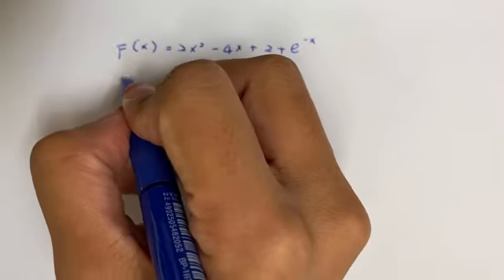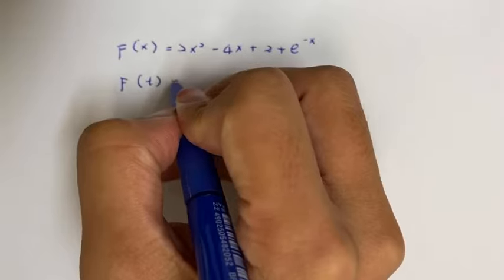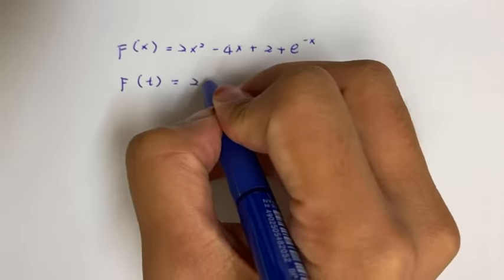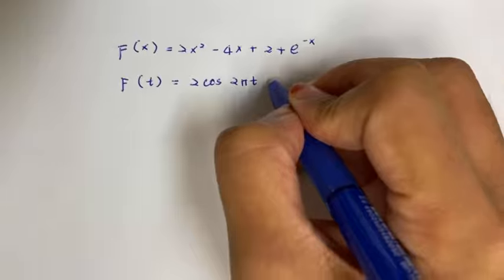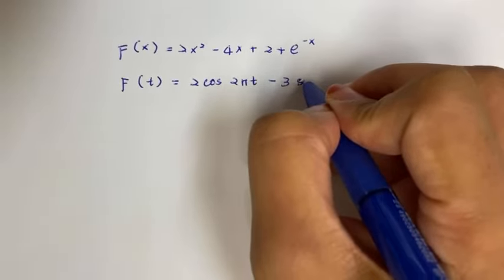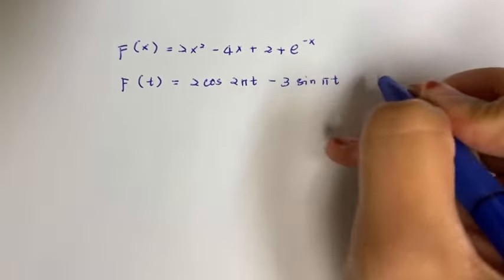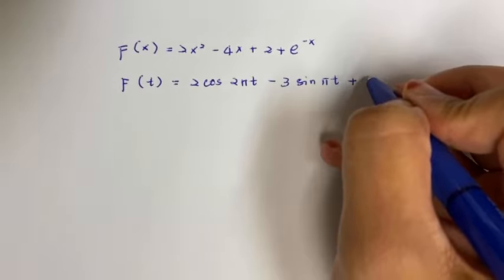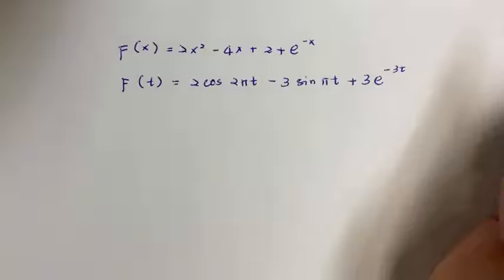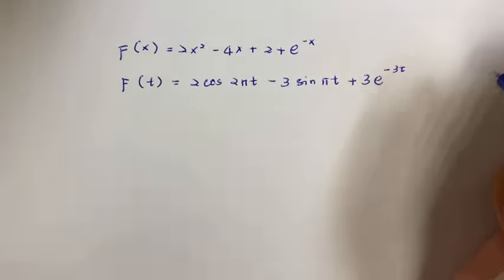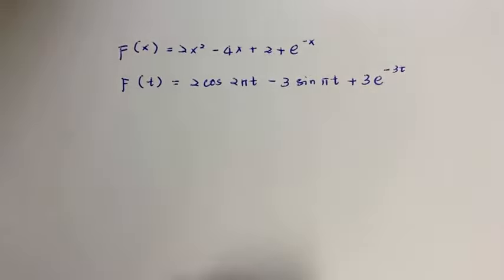Or you might have f(t) = 2cos(2πt) − 3sin(πt) + 3e^(−3t). These two examples are functions with a single variable.